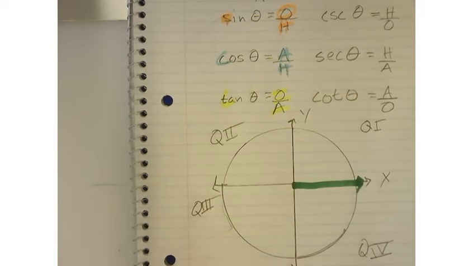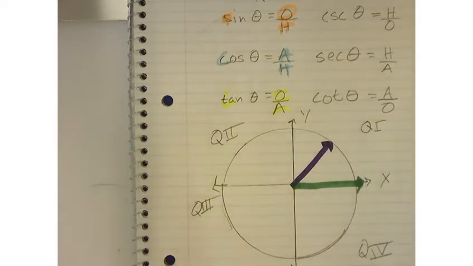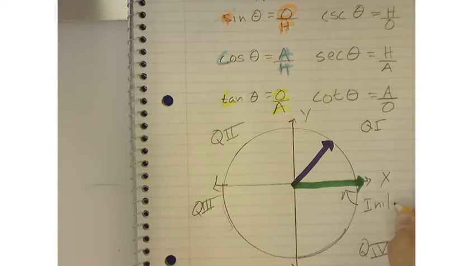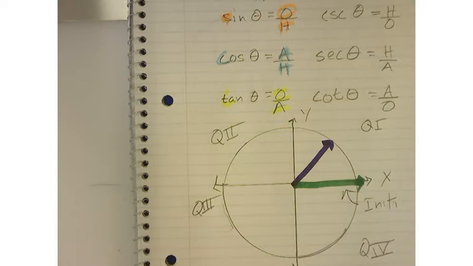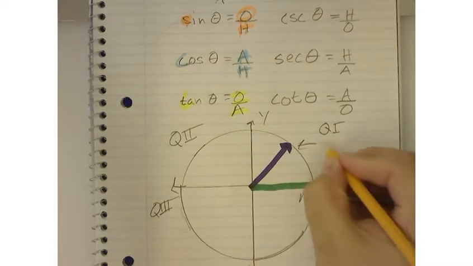So if I start at that side and swing around over here, this is my initial position. We call this the initial ray, and then I call this purple line the terminal ray.